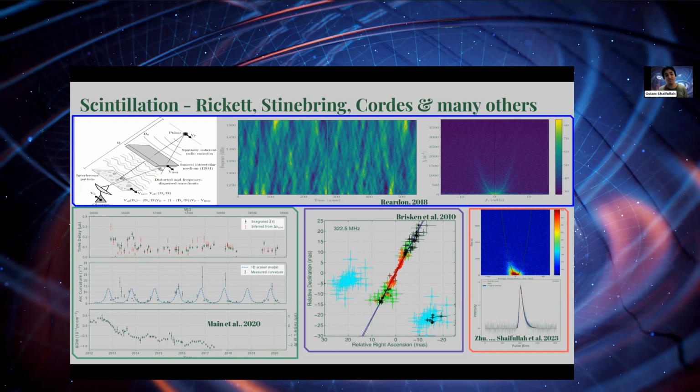Walter Briskin has mapped this out using VLBI radio techniques as well, and Z-Wave looked at it with very low frequency data and found that indeed it is quite a significant effect, producing delays of the order of 0.1 to 0.2 microseconds. Sorry.